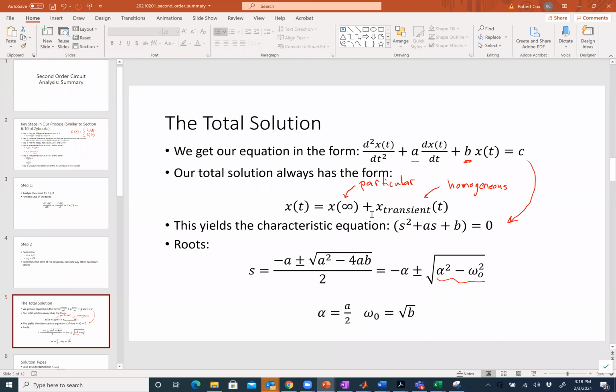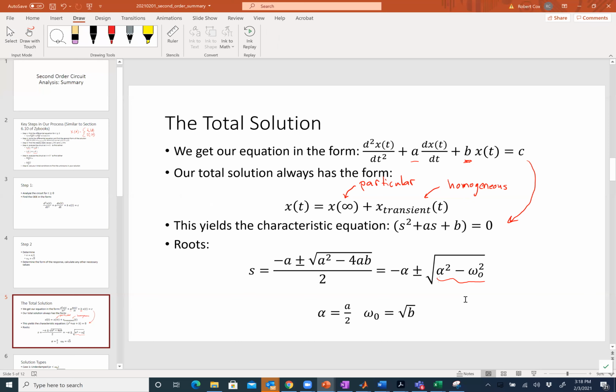What you do, and I talked about this on the very first day, is to figure out the transient solution, you look at what we call the homogeneous equation. You look at this and say, d squared x by dt squared plus a dx by dt plus b x of t equals 0.